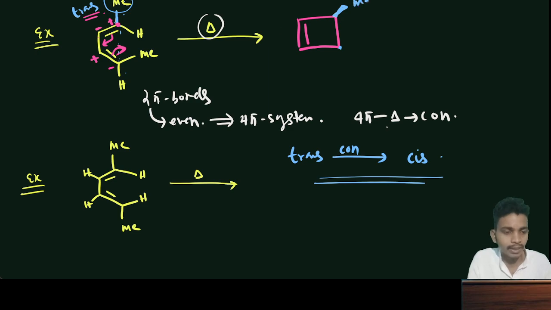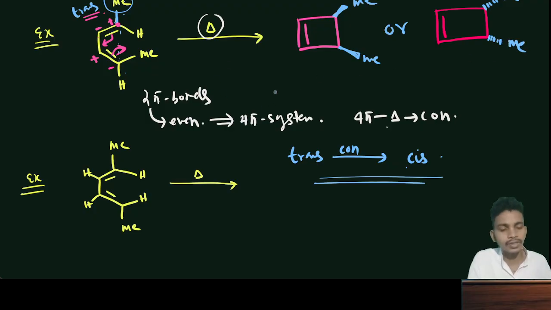It means here also methyl will be like this, and here also it will be like this. Or because now we are getting the cis, this also can be, if one is like this, the other also needs to be like this. Okay, any one is correct.